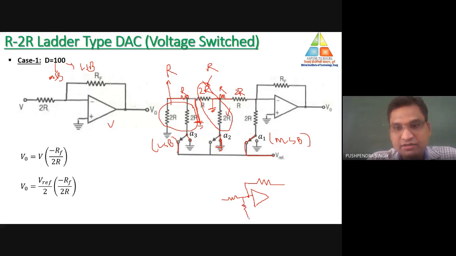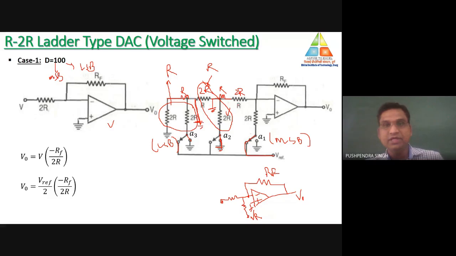This is 2R, and it is connected to reference voltage source VR. The non-inverting terminal is grounded. The inverting terminal is connected to this one. Here is the voltage source. Now, this is RF and Vout.